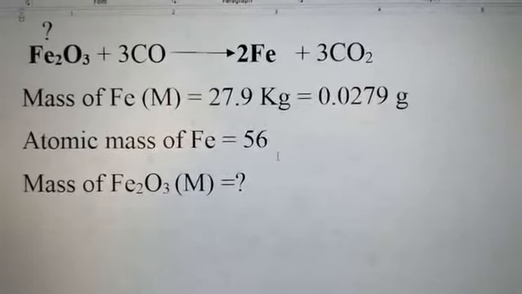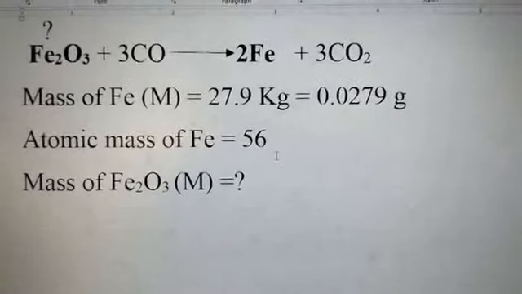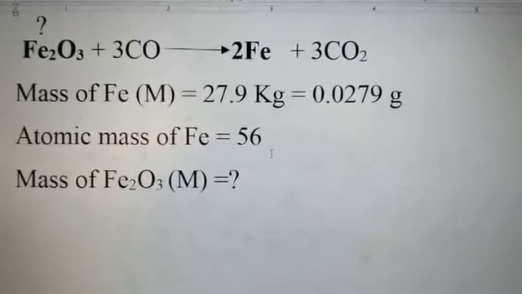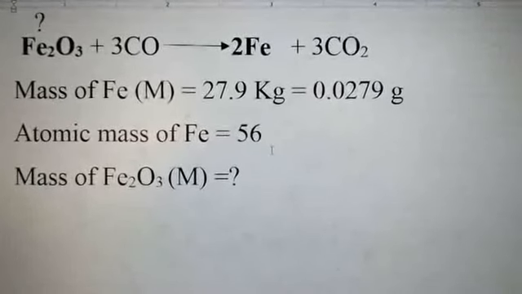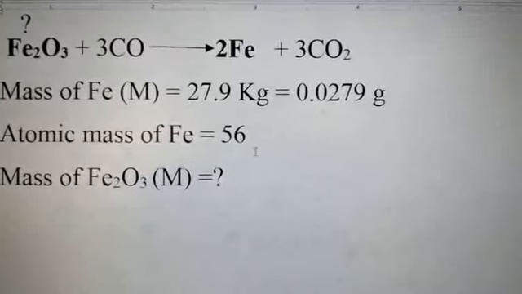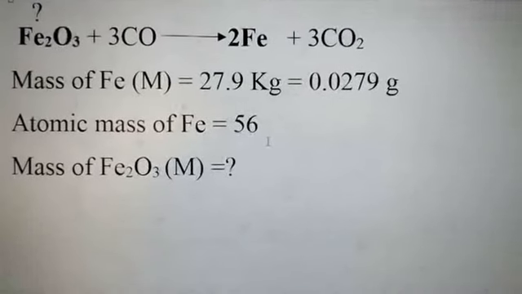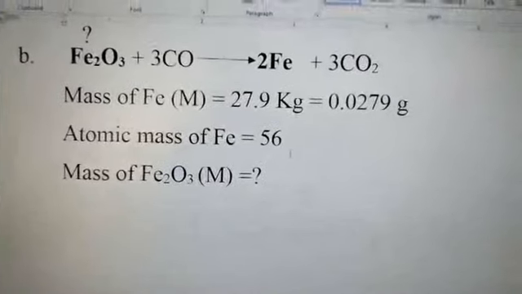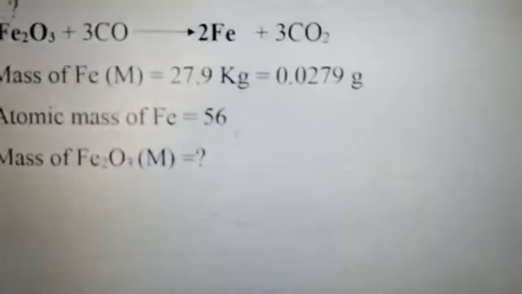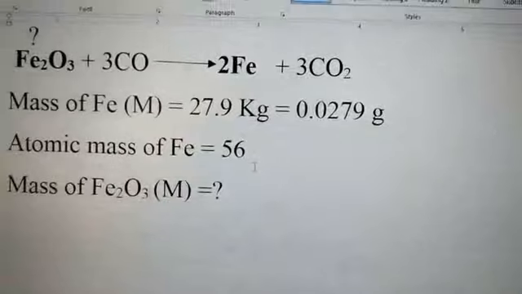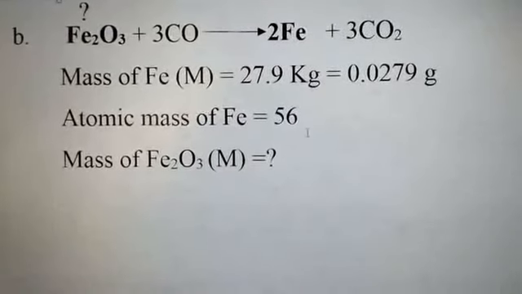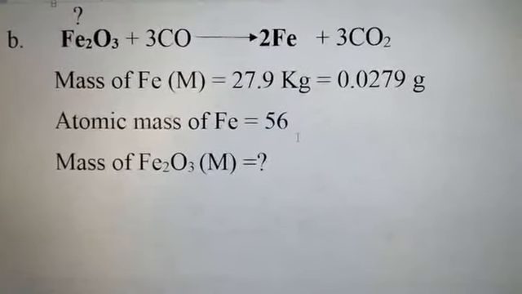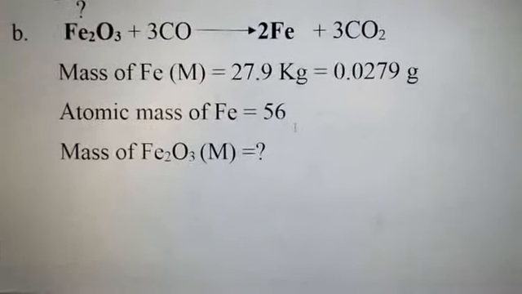So convert the mass from kilograms to grams by multiplying by 1000, giving 27900 grams. Then the atomic mass of iron, a metal, is monatomic, so the atomic mass is 56. 1 mole of a metal is equal to its atomic mass.